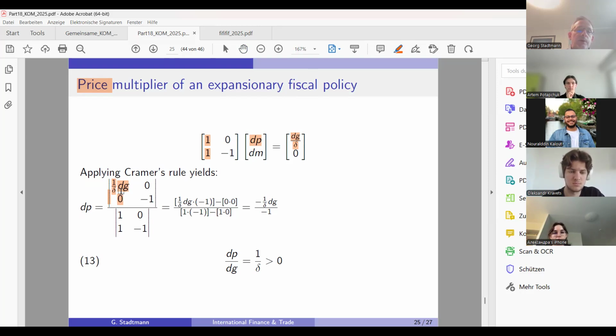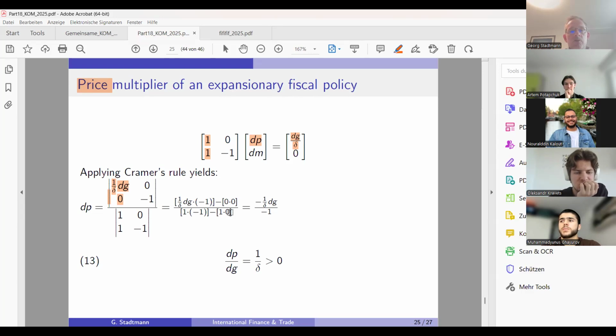1 over delta dg times -1. Is it a delta, or sigma? Delta, delta, delta. We have a delta here. 1 over delta dg times -1, minus 0 times 0 in the numerator, and then 1 times -1 minus 1 times 0 in the denominator.